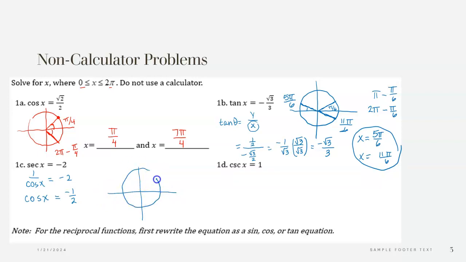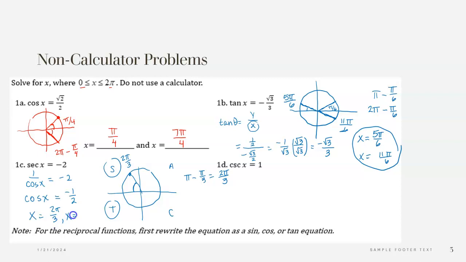And I want cosine to be negative, so all students, oh, cosine would be negative here. Take, oh, cosine would be negative over here. Calculus, cosine is positive over there. Okay, so I want the pi over 3 value over here. So that would be pi minus pi over 3. That would be 2 pi over 3. So one of my answers is x equals 2 pi over 3.